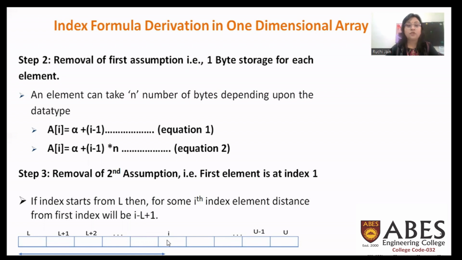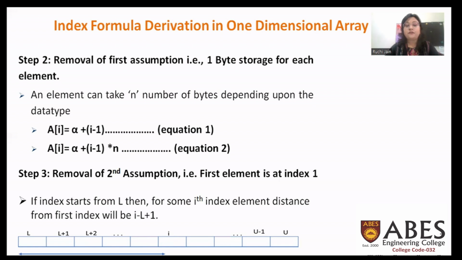That means we have to know how many elements there are from L to i. For calculating the number of elements from L to i, we consider L as the lower bound and i as the upper bound. Then the formula for the number of elements traversed becomes i minus L plus 1, that is, upper bound minus lower bound plus 1.